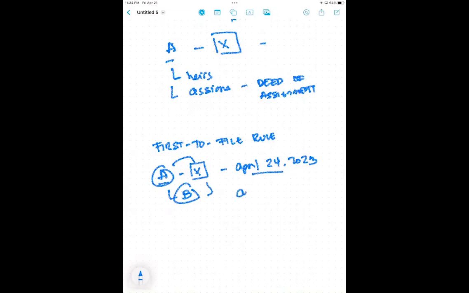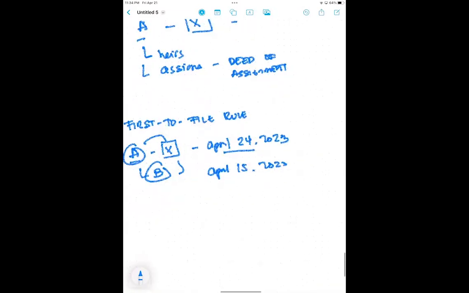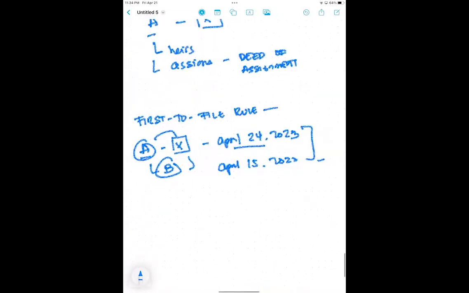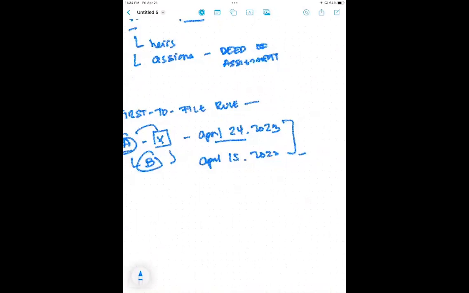B filed his application on April 15. So nauna siya kay A. The question now is, who owns the patent? If your answer is B, then that is not a correct answer. Okay? Because for the first to file rule, you need to look at the facts and you need to see that A and B made the invention separately and independently.